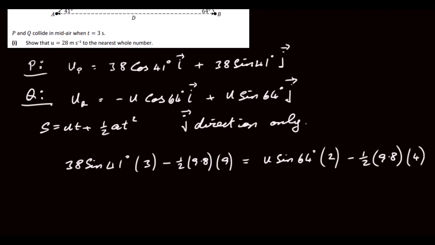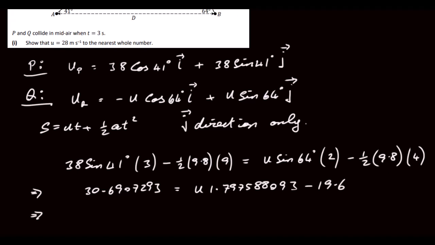So all we've got to do here is isolate u. If you do everything on the left-hand side, you get 30.6907293. On the right-hand side you get u times 1.797588093, and then this part here on your calculator you get 19.6.